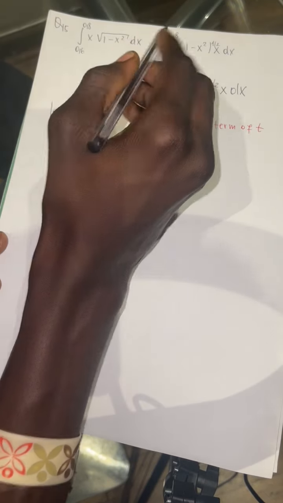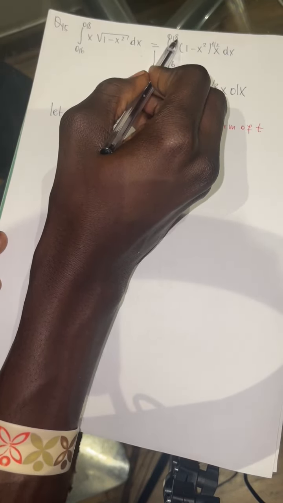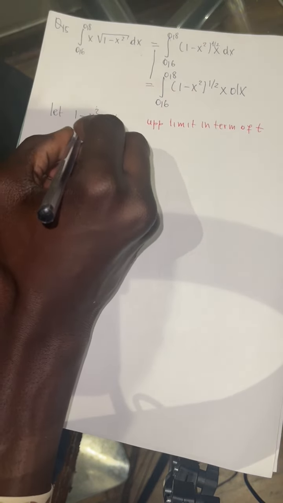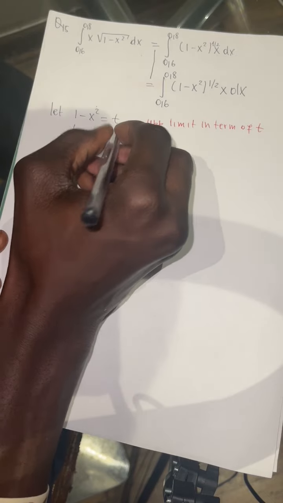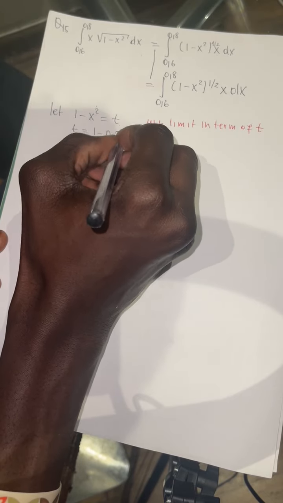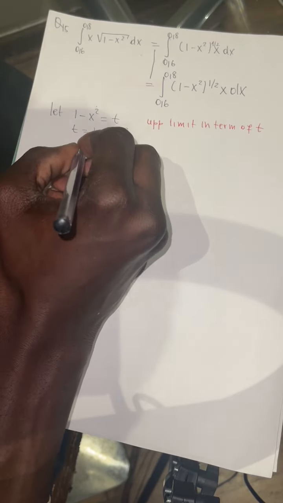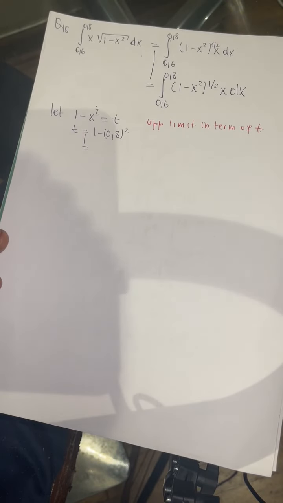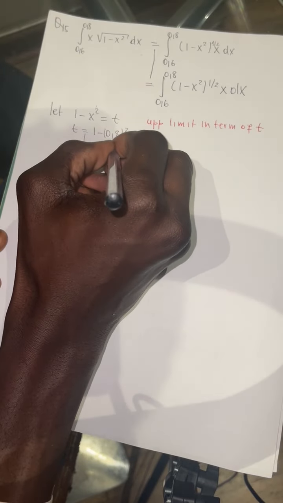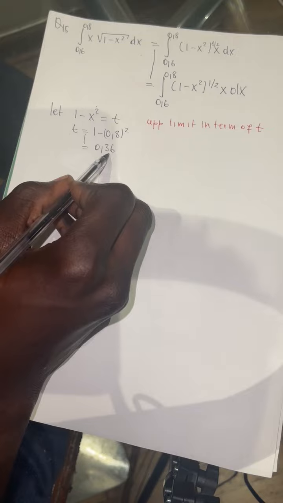The upper limit was 0.8. So we're going to solve for t. So t is going to be 1 minus 0.8 squared. If you take this on your calculator, you're going to find 0.36. This is the upper limit with respect to t.